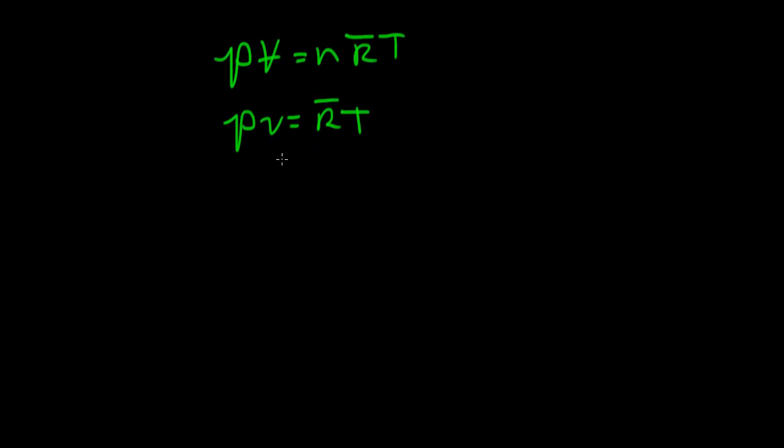We can also cast the relationship in terms of mass rather than the amount of substance. Starting with the form of PV is the amount of substance times the universal gas constant times temperature, we substitute the amount of substance that we arrived at above.